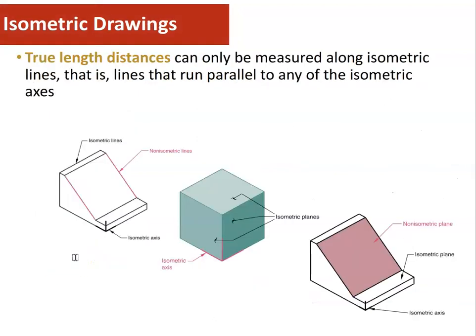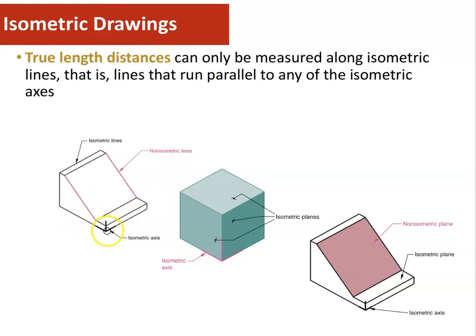Alright, so true length distances. For isometric drawing, we know that the angle must be 120 degrees between axes, and it uses true length distances. And true length distances can only be measured along isometric lines. That is, lines that run parallel to any of the isometric axes. So this is our isometric axis, 1, 2, and 3. Anything that goes along these axes is the actual true length distance.